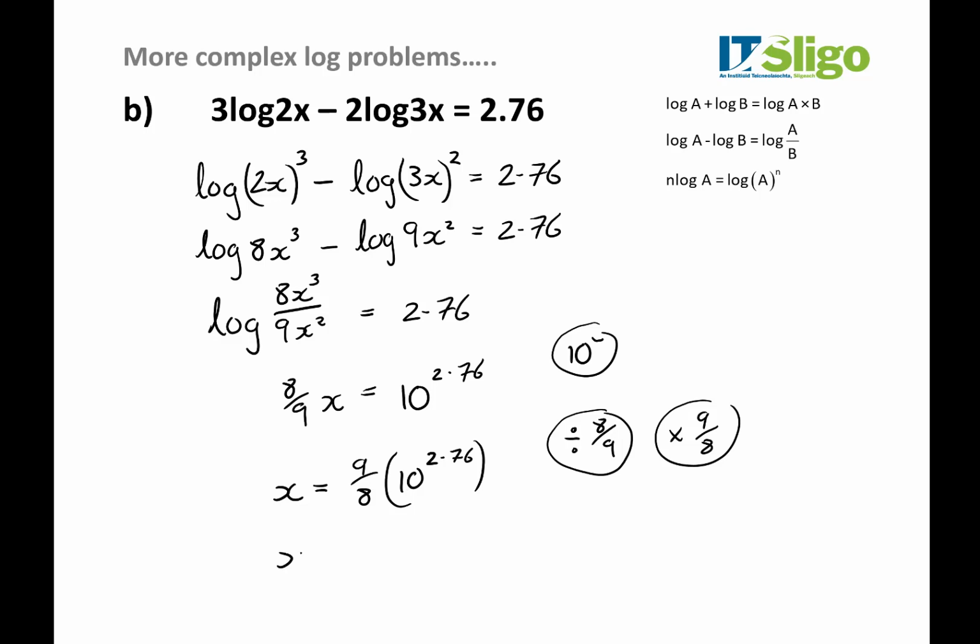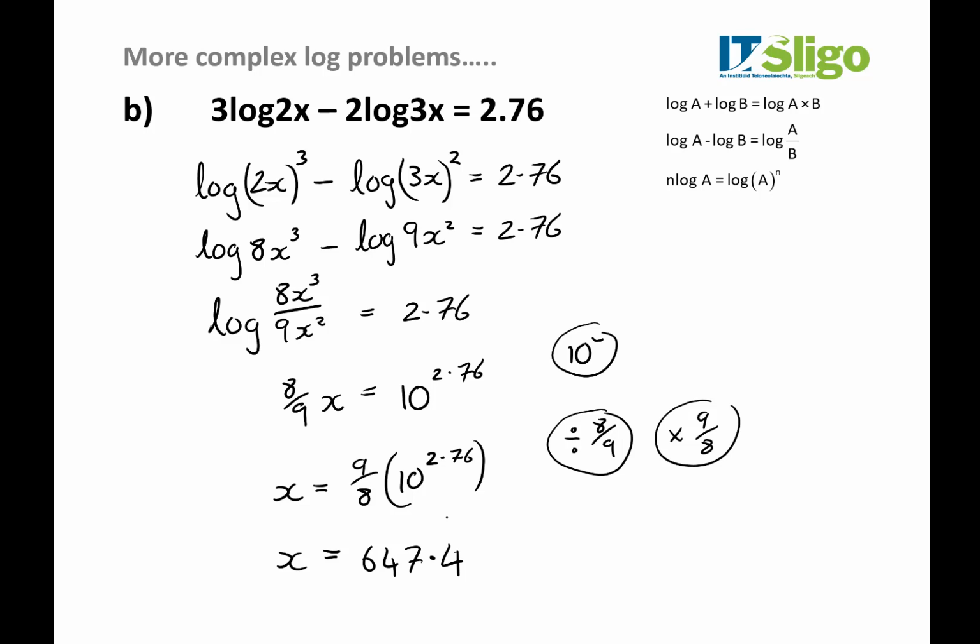And now we can just get the calculator. So 9 divided by 8 and this gives us 647. We'll just say 0.4.